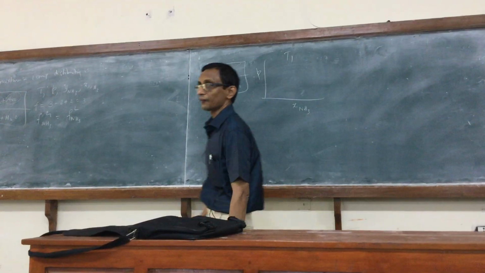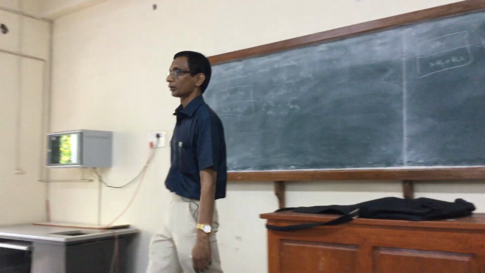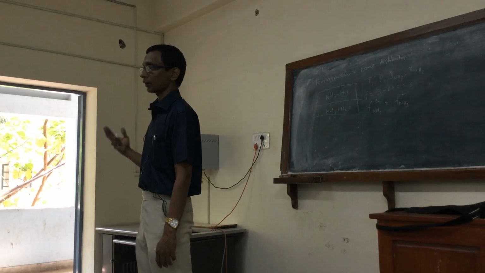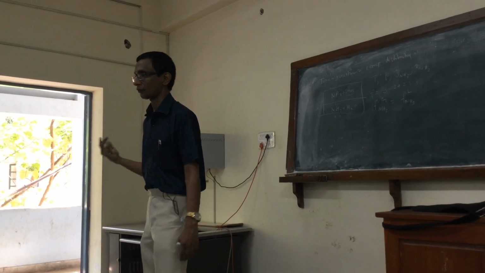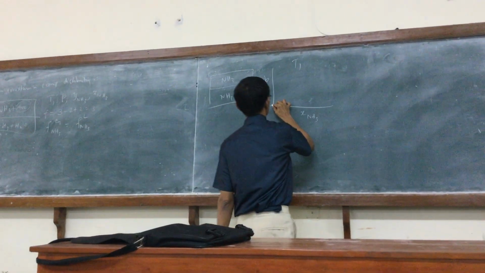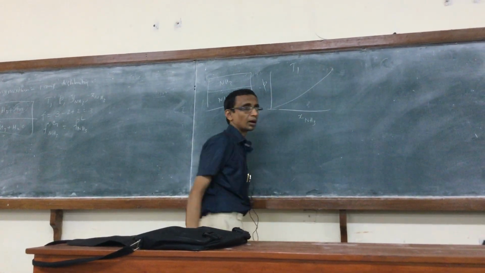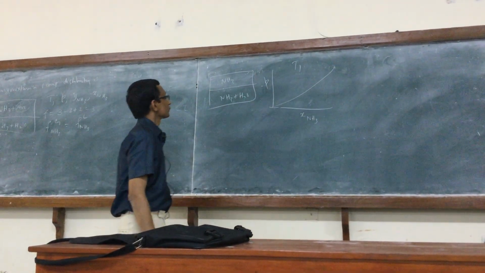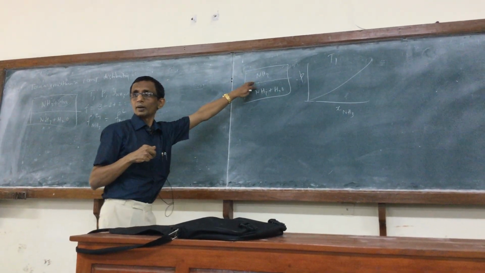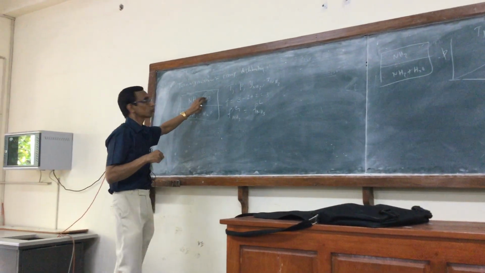Because there are only 3 variables, temperature, pressure, and solubility, at a given temperature I can plot the pressure versus solubility. Here, at a given pressure, I can plot the temperature versus the solubility. Now, a typical curve will look like this. So, what he says is that the same curve can be used here.